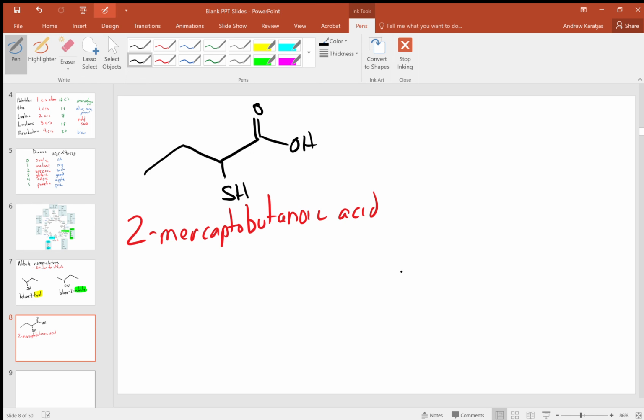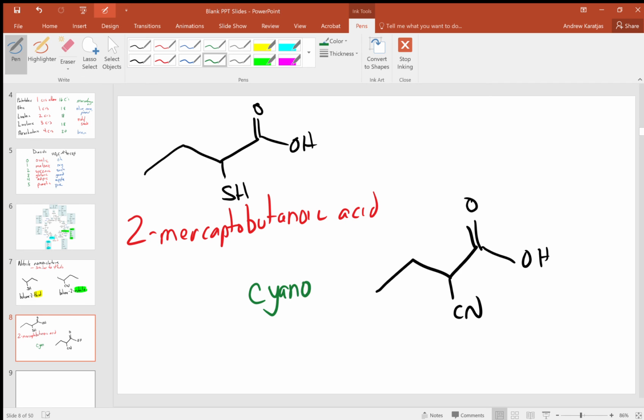Nitriles behave in the same way. If there's a higher priority group, then we use them as a substituent, but the term that we use to refer to them by also changes. So 2-mercaptobutanoic acid, now we've replaced the thiol with a nitrile, but because the nitrile is a substituent, we use the term cyano. And so what we have here is 2-cyanobutanoic acid.